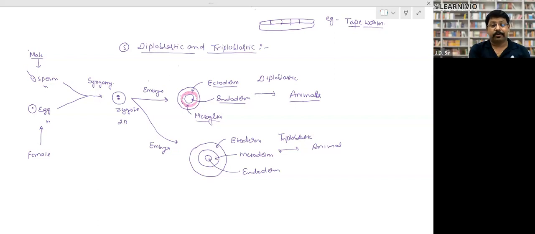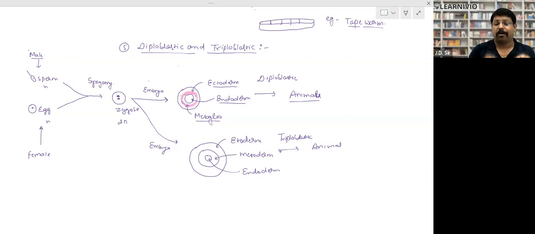Some cartilaginous organs will be developed from mesoderm. Bones, neurons, the nervous system will all be developed from endoderm. So that's how our body gets developed. Those animals which develop from three layers are called triploblastic. Those animals which develop from two layers are called diploblastic.